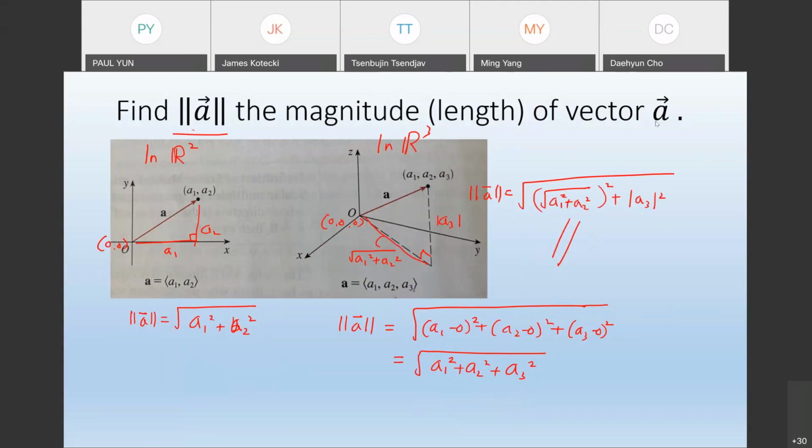Where did I make a mistake? Why do you write ln? What is ln? Oh, yeah, okay. So maybe instead of ln, maybe on, not in. On the plane, in R2. That's what I mean. Any questions? Easy?